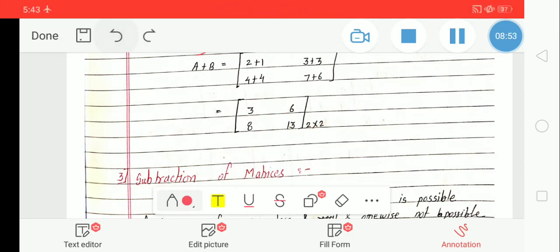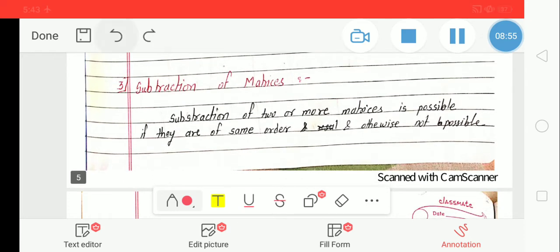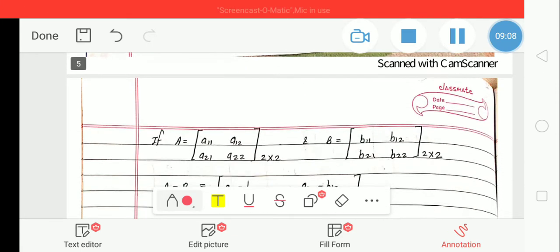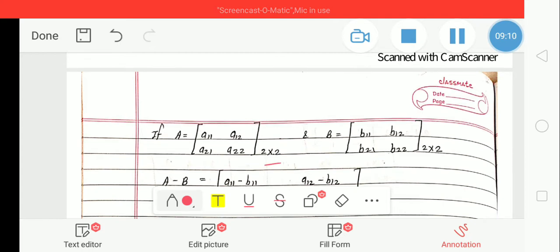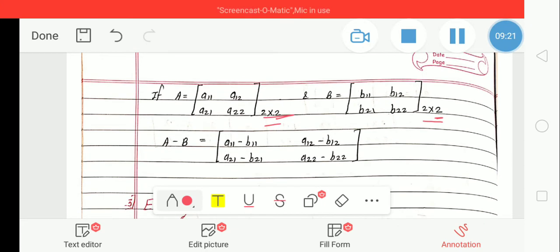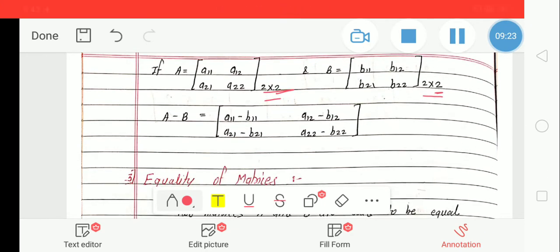Now subtraction of matrices. Here also it is the same: subtraction of two or more matrices is possible if they are of the same order, otherwise not possible. Their order is the same, 2 cross 2 या 3 cross 3 या 2 cross 4, but if both matrices have the same order, then we can apply subtraction and addition, otherwise this is not possible.